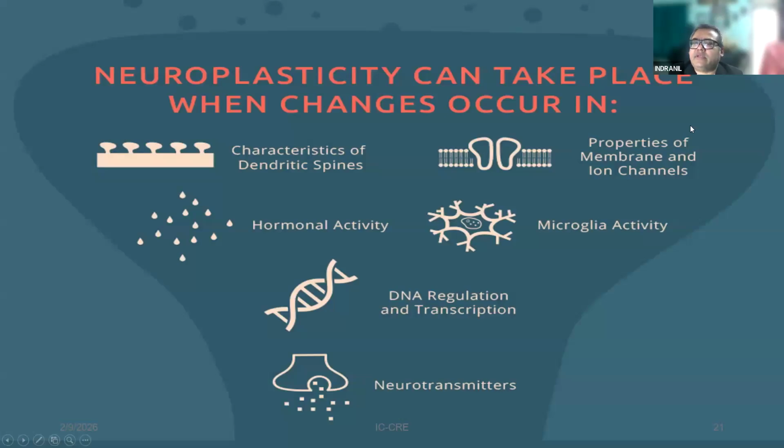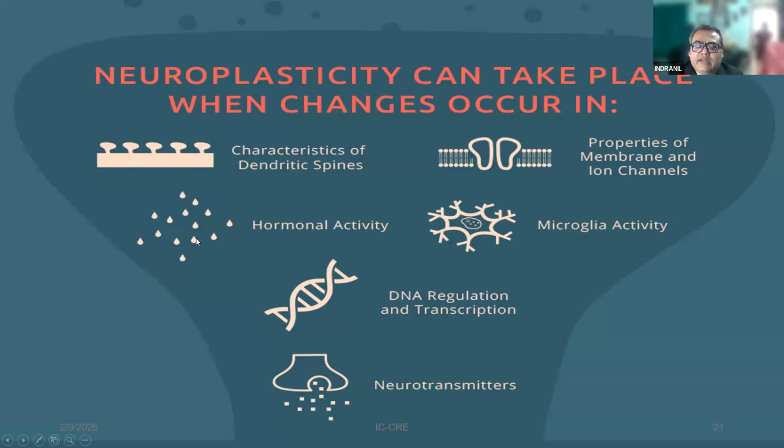So neuroplasticity can take place with reference to learning pedagogy, like first the characteristics of the dendritic spine, how dendrites develop, how dendrites branch out. They are called dendritic trees or dendritic spines. Then the properties of the membrane and ion channels, how different gate receptors are working.